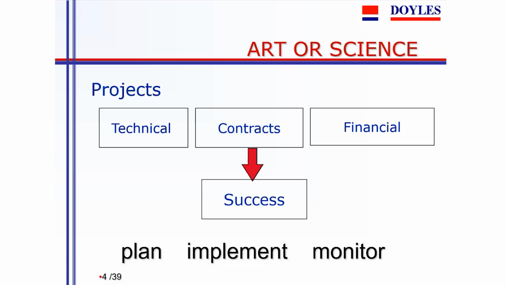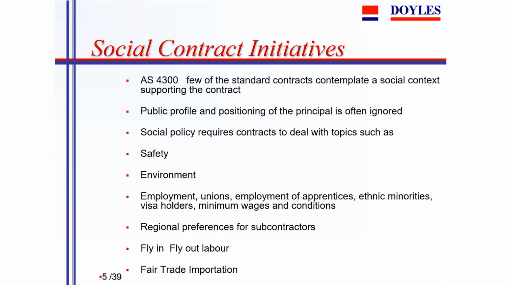The next slide is you've got to be a little bit careful these days about your social contract initiatives. Society generally expects people to provide, for instance, a very safe place of work, and you quickly attract criticism if you don't do so and you don't demonstrate that you've done so. And again, in terms of employing people, there's a great sensitivity to people underpaying employees.